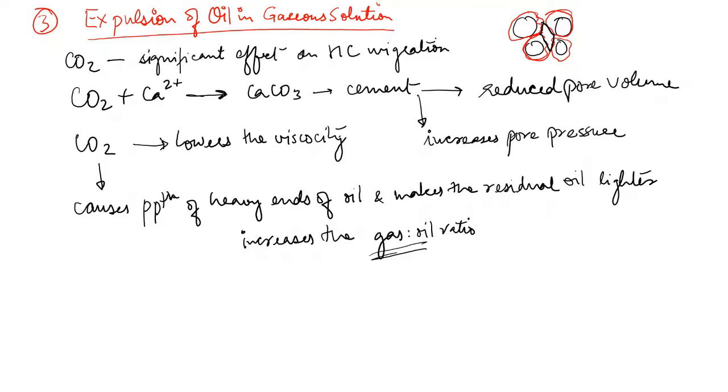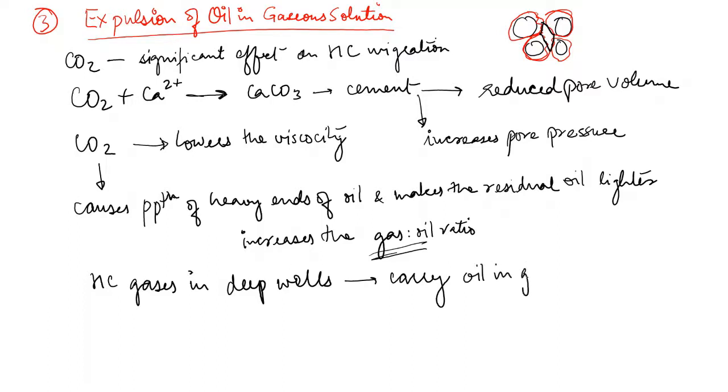Hydrocarbon gases in deep wells are known to carry oil in gaseous solution. So see how important carbon dioxide is if it is present in the solution in the pores.